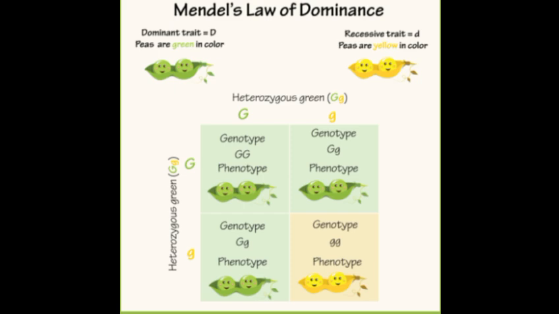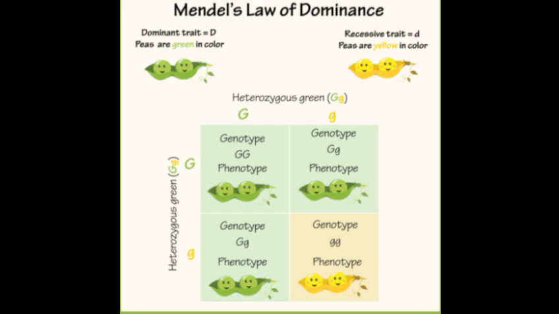So, we have two homozygous parents, with genotype capital G and genotype small g. When we cross both the parents, we will get the following offsprings in F1 generation with the following genotype: capital G, small g. So in capital G both are having dominant characters, so the color of the pea pod will be green.